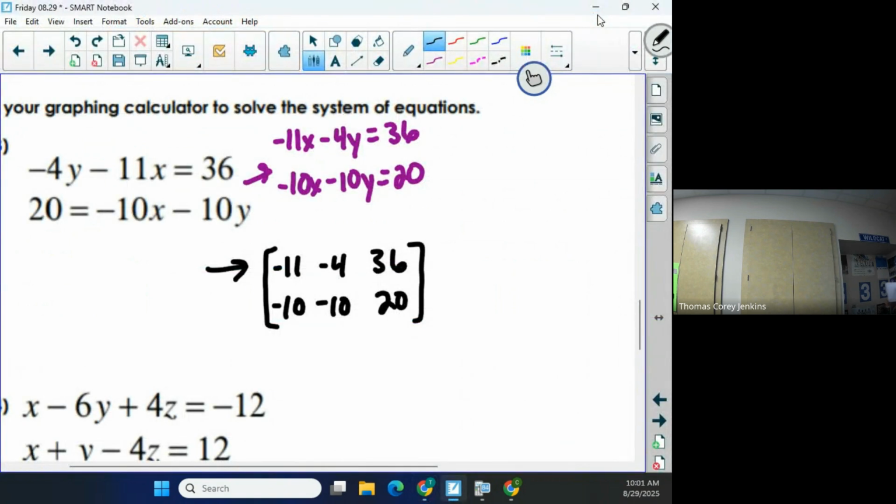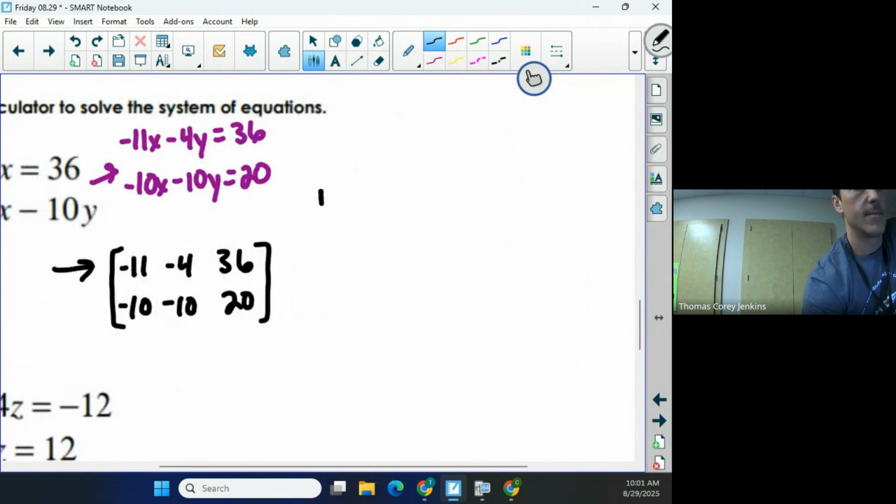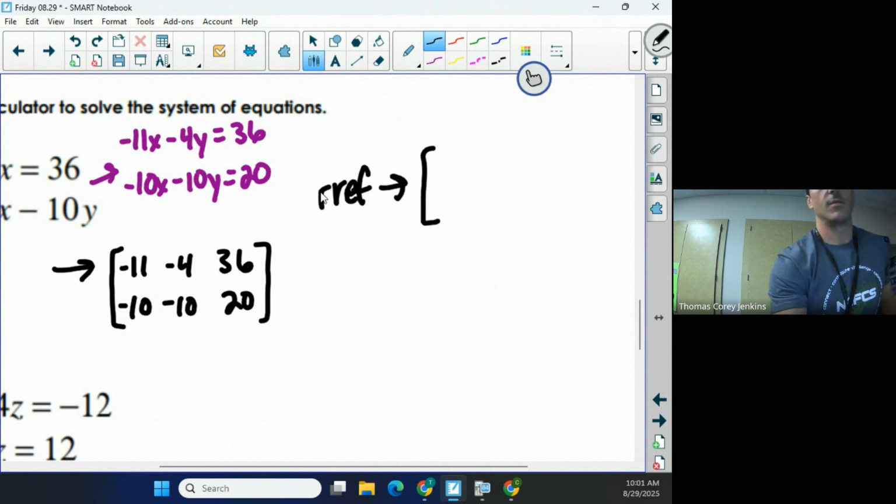Row 1 was 1, 0, -4. And row 2 was 0, 1, 2.